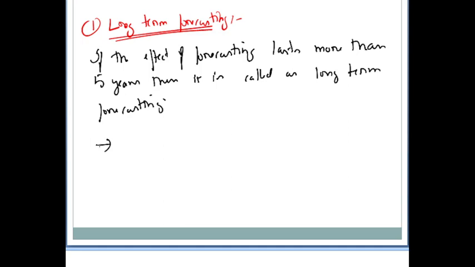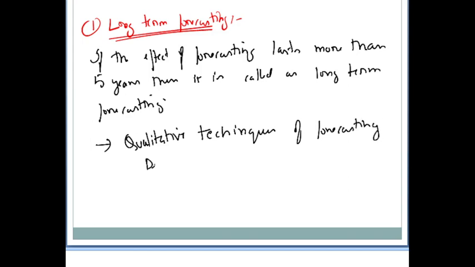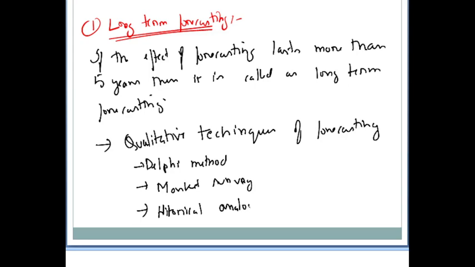Okay, now in case of long-term forecasting, what is used? Qualitative techniques of forecasting, such as the Delphi method, market survey method, or historical analogy method.